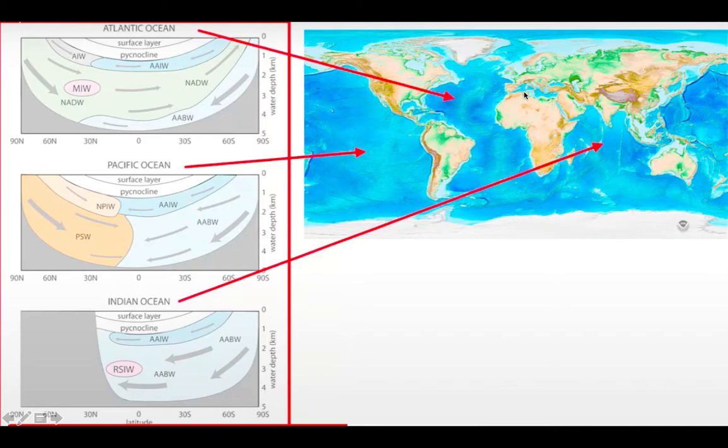So warming is no doubt more, and since there is no discharge of rivers into this, overall here we have more evaporation than precipitation, so it will cause more salinity. See, we have more temperature, at the same time we have more salinity. Now if we increase the temperature, what happens? The water mass becomes less dense, so it would never sink.